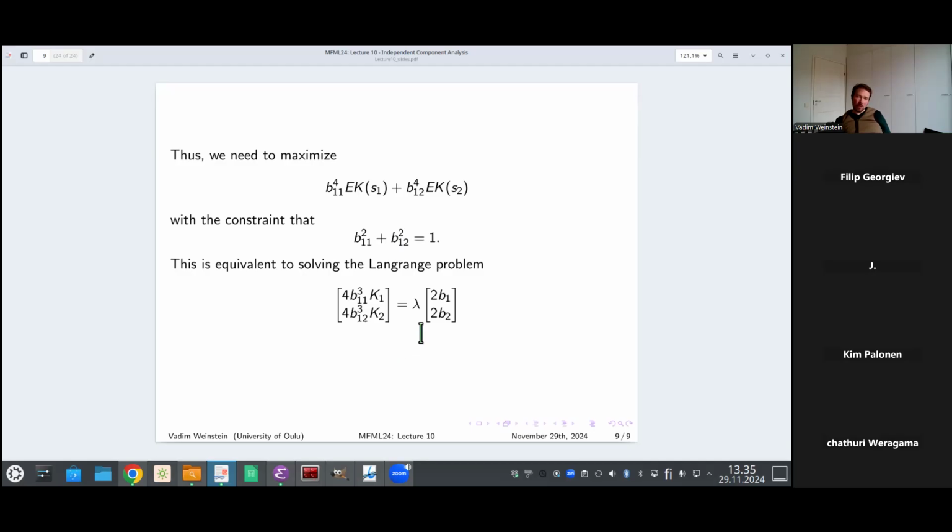What is this equation? On the left side, we have the gradient of this function. And now I just shorthanded this kurtosis to K1 and the other kurtosis to K2. So if I take the derivative of this with respect to the first variable, then this 4 drops and the power becomes 3 and this disappears.